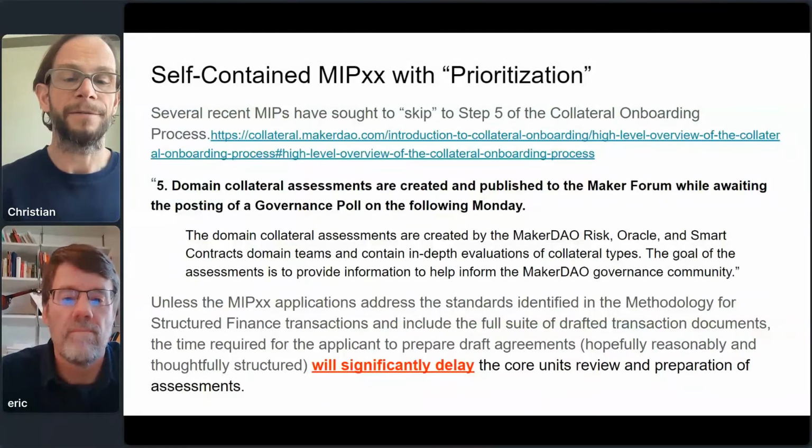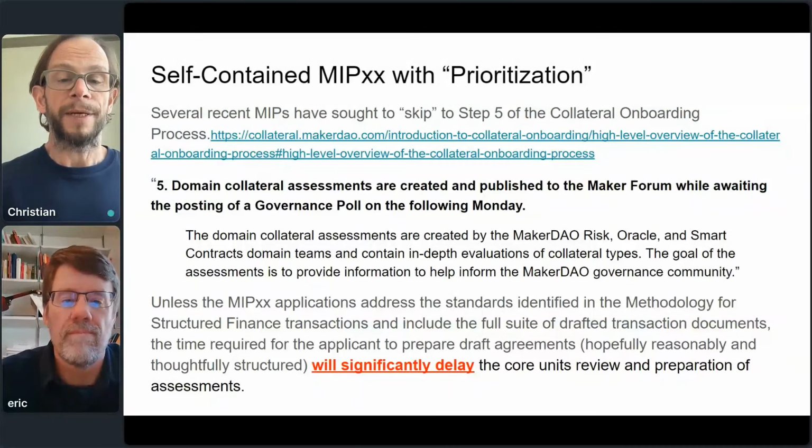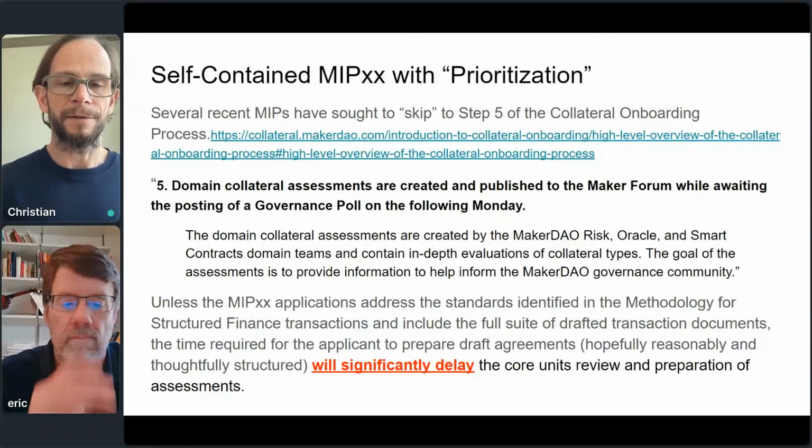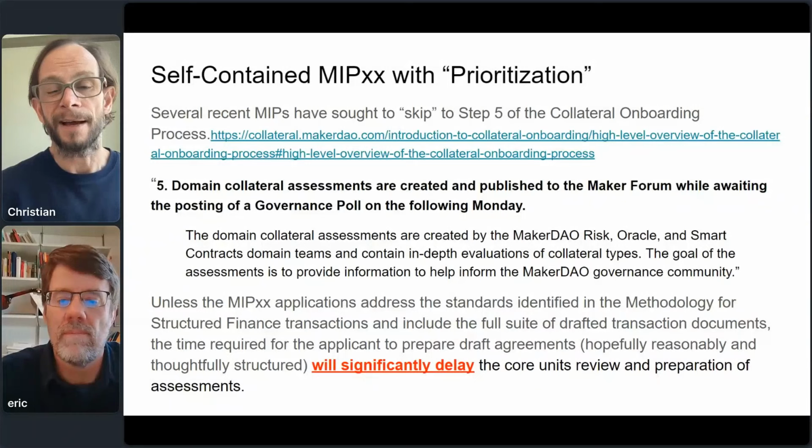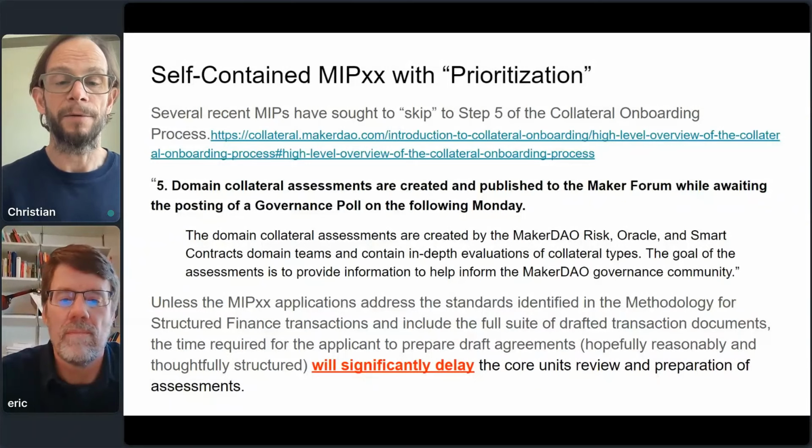Obviously, if an applicant doesn't provide us the full suite of documents, then they need to go off and prepare the documents after this has been approved, and that can potentially delay our review of other assessments because of this prioritization concept that has been included in some of the MIPs.